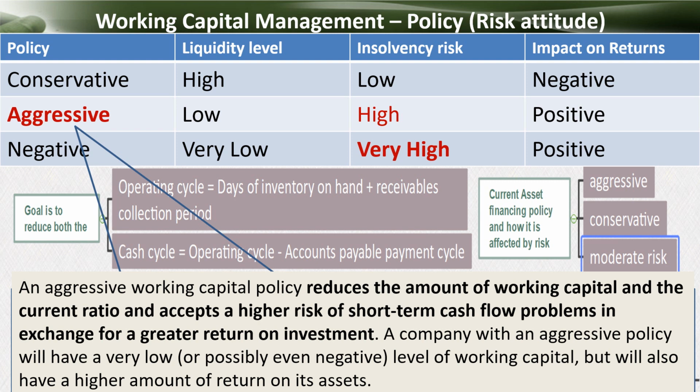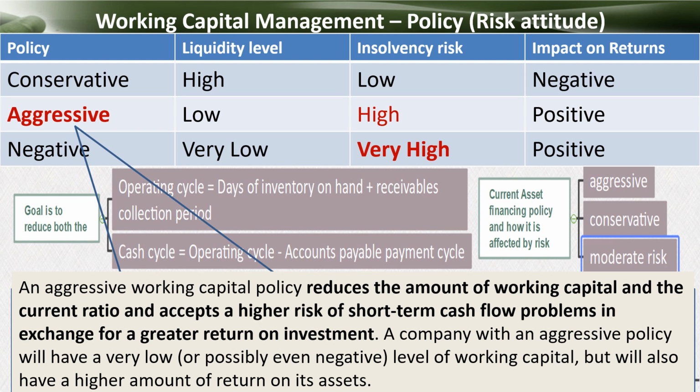And if we have an aggressive working capital policy, it reduces the amount of working capital because we are aggressive. The liquidity level becomes low, the insolvency risk is high, and the impact on returns is positive. So there will be a little higher return.